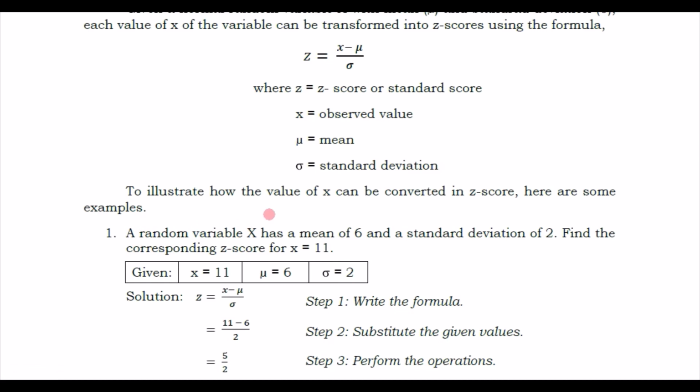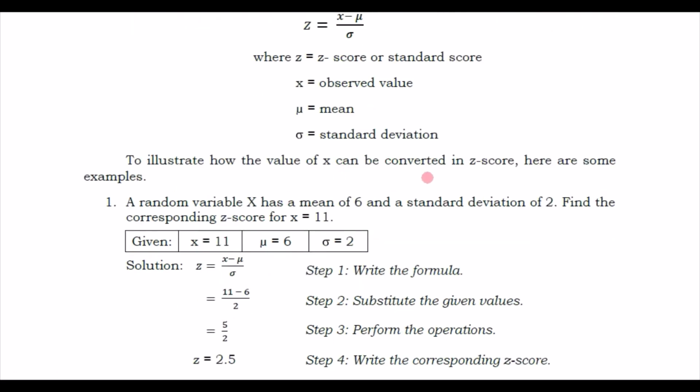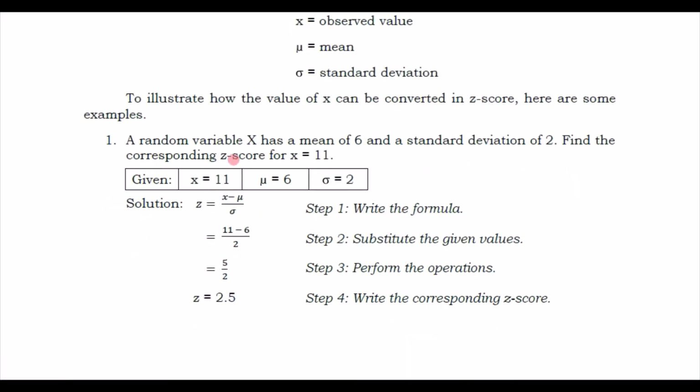To illustrate how the value of x can be converted in z-score, here are some examples. A random variable x has a mean of 6 and a standard deviation of 2. Find the corresponding z-score for x is equals to 11. So we will use this formula. Okay? So what are the given? X is equals to 11. Mean is equals to 6 and standard deviation is equal to 2.